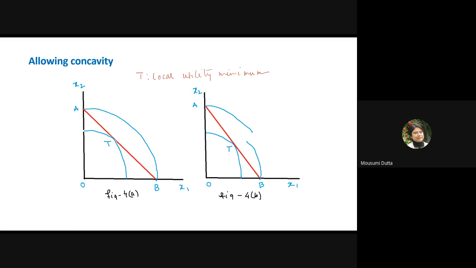Okay, so this is the second case, allowing concavity.